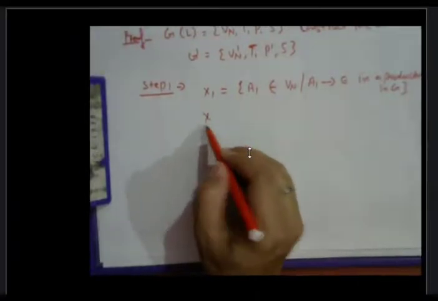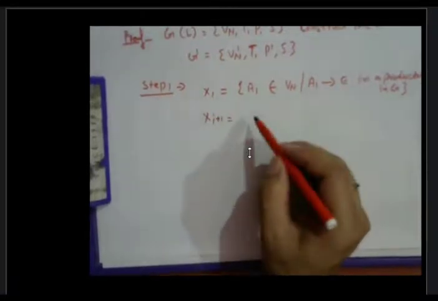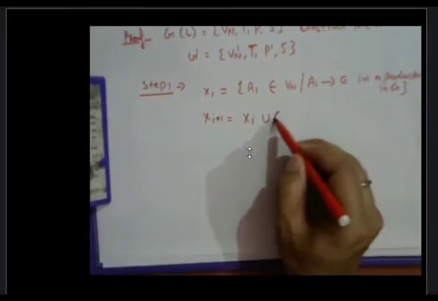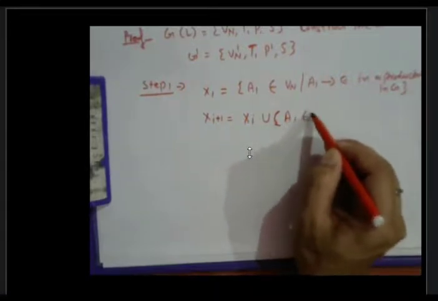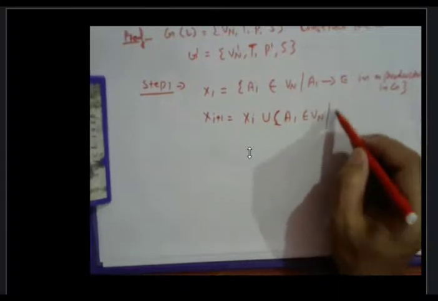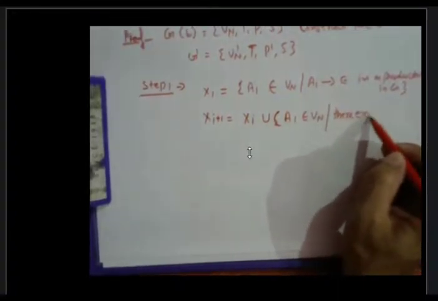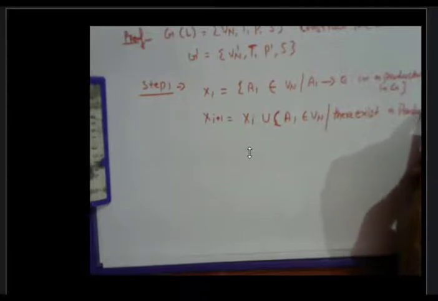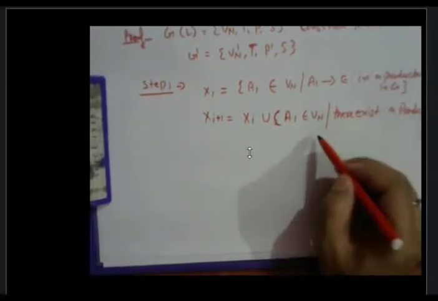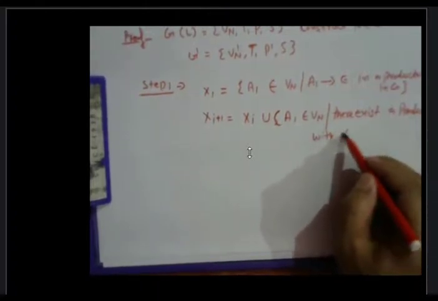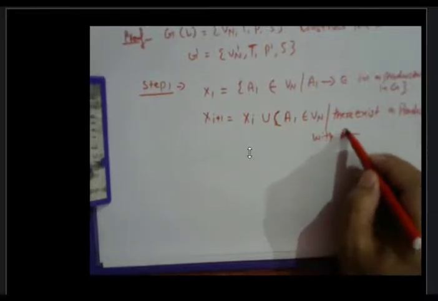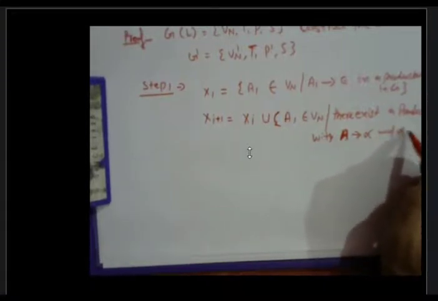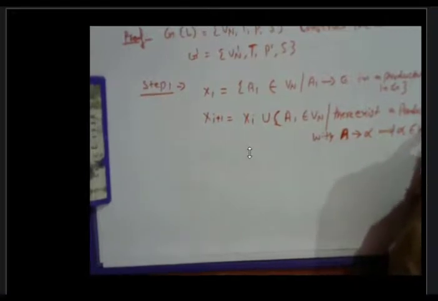Then the value of Xi plus 1 is equal to the value of Xi union A1, which is an element of Vn such that there exists a production with A tends to alpha, and alpha belongs to Wi star.